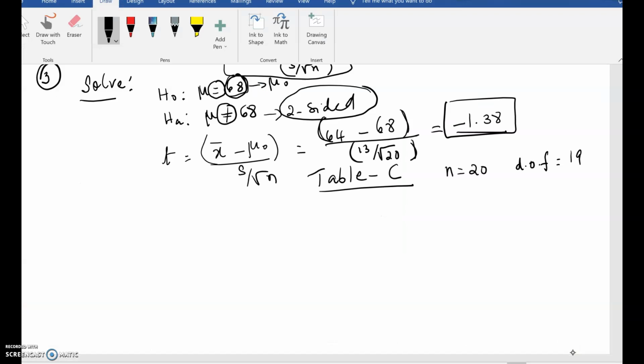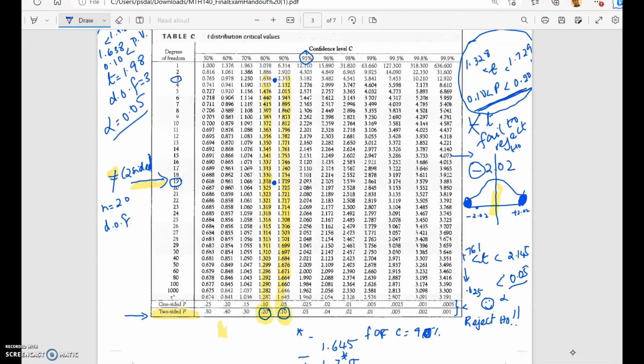So our number is negative 1.38. Negative numbers are not given in the table, but because of symmetry, the p-value for positive 1.38 is the same as the p-value for negative 1.38. So just discard the negative sign and use 1.38.